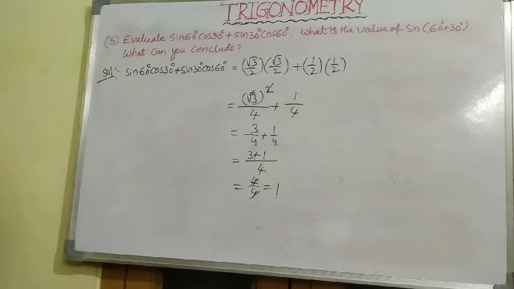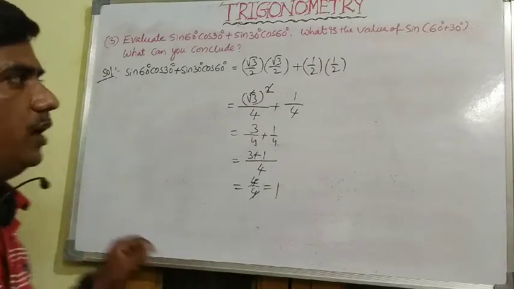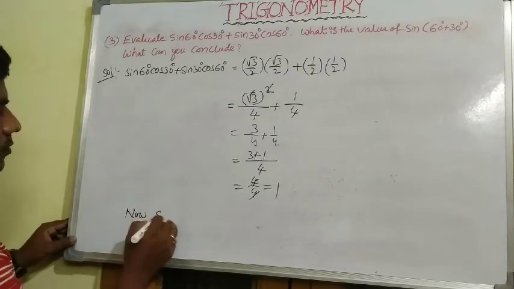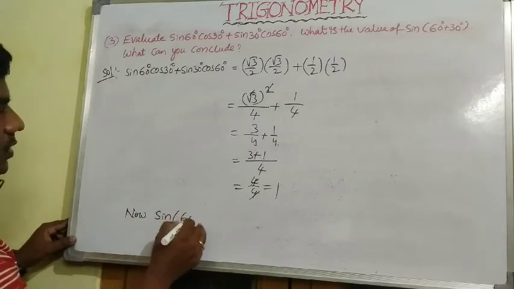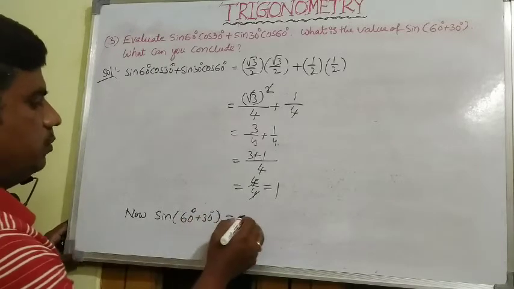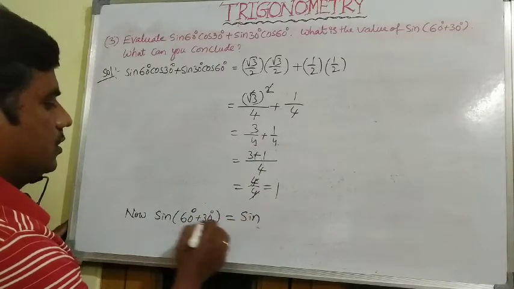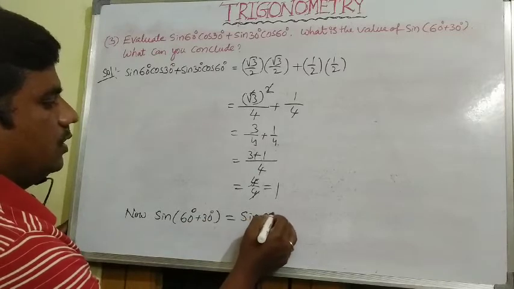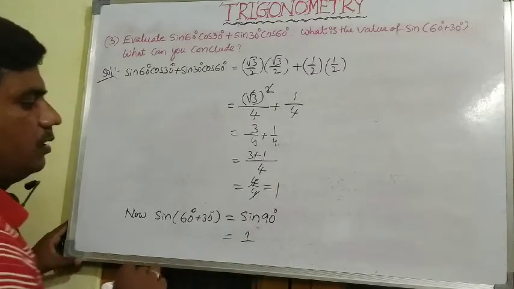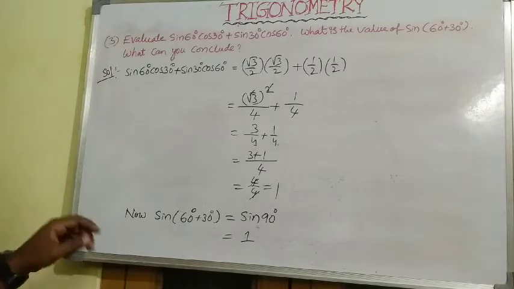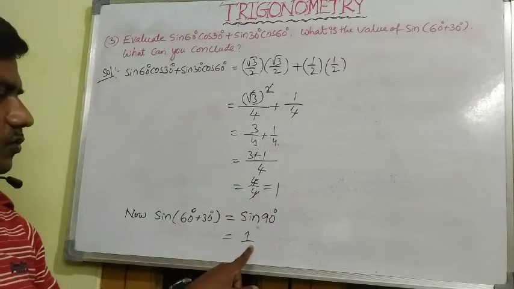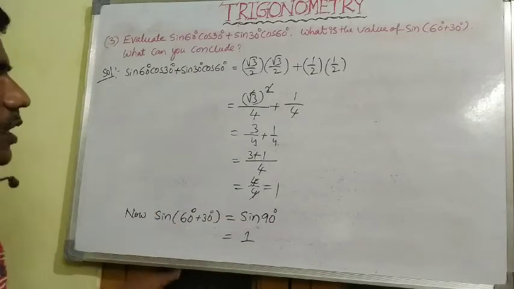Now we have to find sin (60 plus 30). Now find sin (60 degrees plus 30 degrees). So 60 plus 30 degrees we can write as 90 degrees. So sin 90 value is what? 1. See what we conclude from this: the total value is also 1, and this value is also 1. Therefore these two are equal.